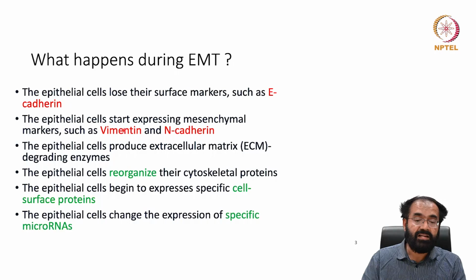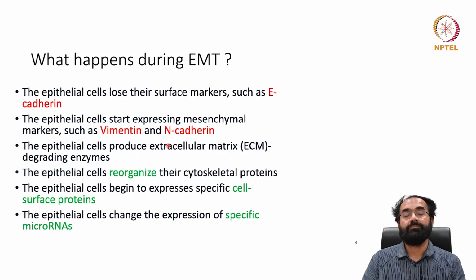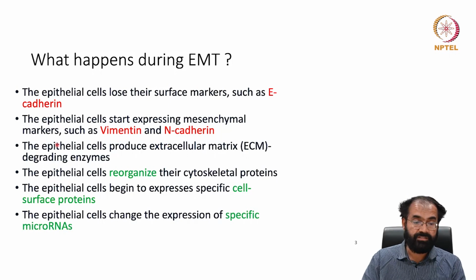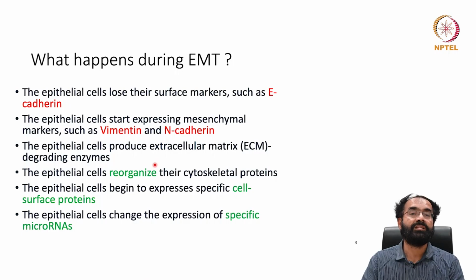So the epithelial cells start expressing mesenchymal markers such as vimentin and N-cadherin, another cadherin molecule called N-cadherin, or neural cadherin. The epithelial cells also produce extracellular matrix degrading enzymes, ECM degrading enzymes. Naturally, the ECM is holding the epithelium tight, so you want to get rid of it. Breaking the bond requires enzymes that break down the matrix proteins so that the cell can be free.